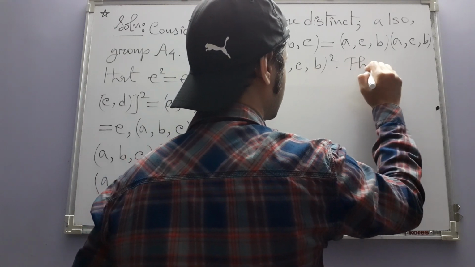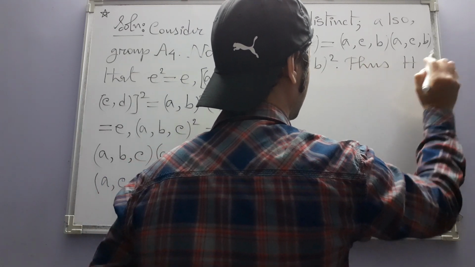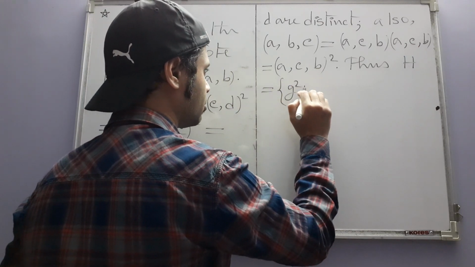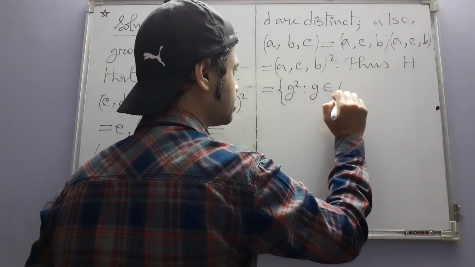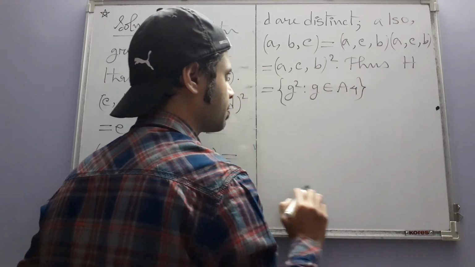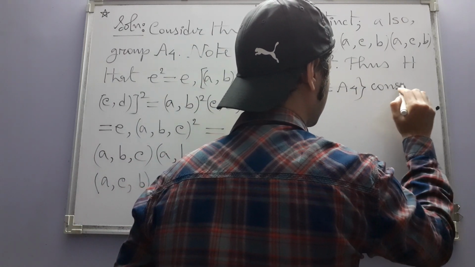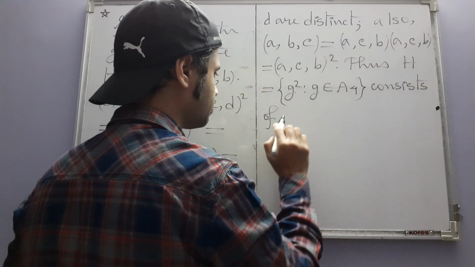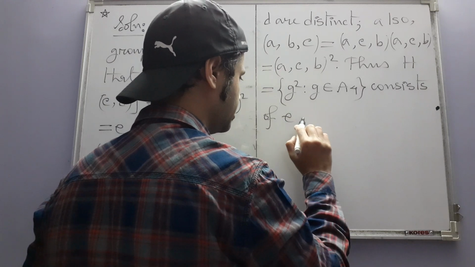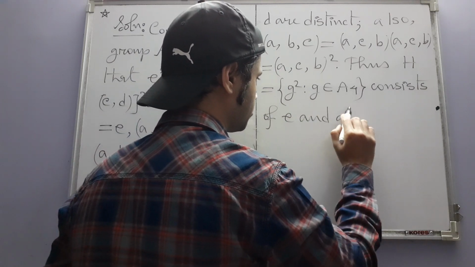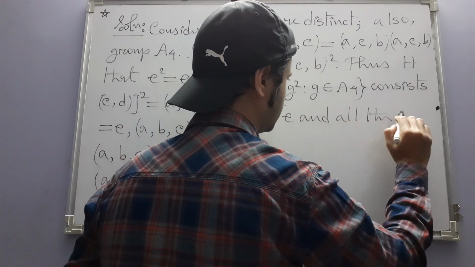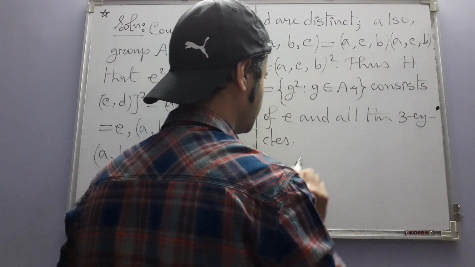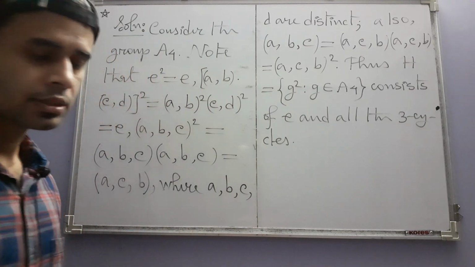Thus, H, which is the set of all squares of the elements in A4, consists of the identity and all the 3 cycles. But this H in A4 is not a subgroup.